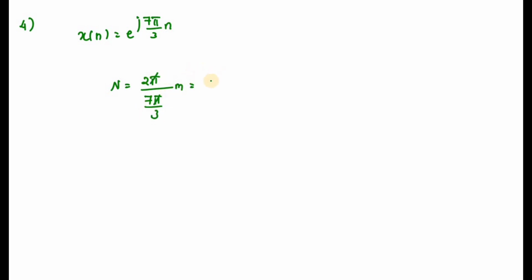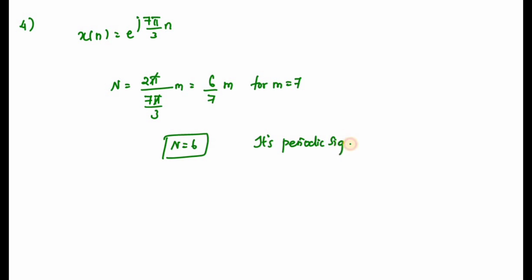So the pi terms get cancelled out and you will get 6 divided by 7 m. For m equal to 7, N is equal to 6. So it is a periodic signal, and the fundamental period value is 6.